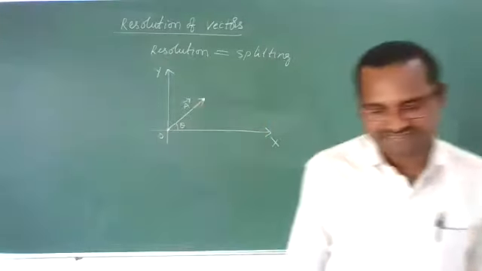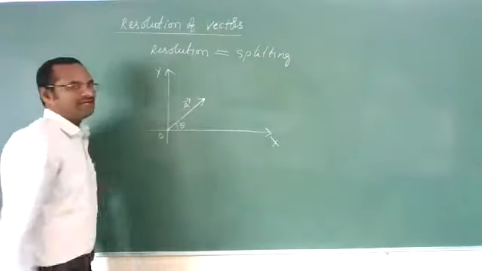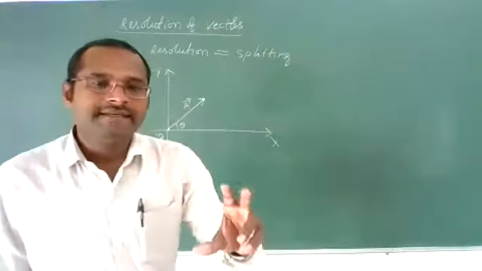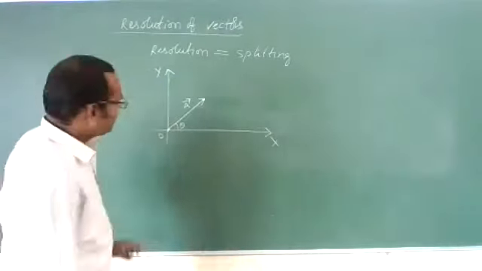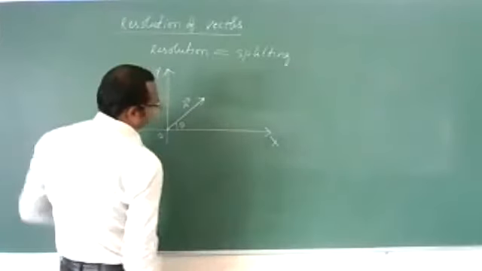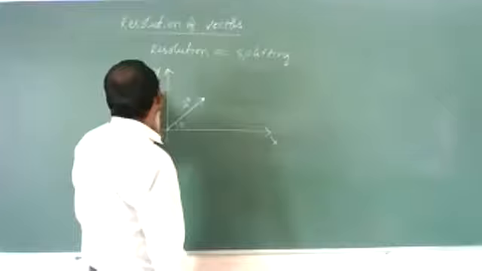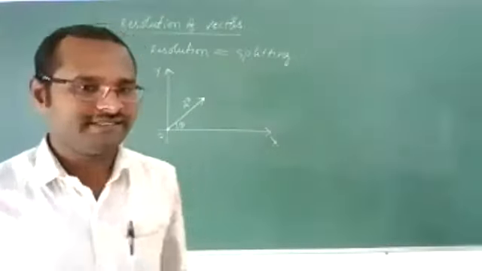Now this vector A bar we can resolve, which means we can split it into its two perpendicular axes. One is along the x-axis, another one is along the y-axis. How can we split?